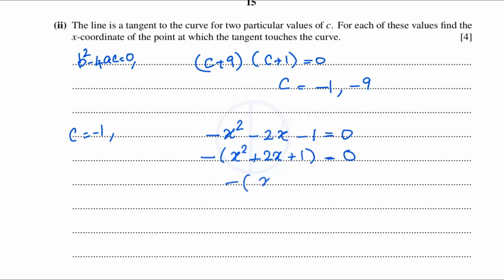This is nothing but x plus 1 the whole square. x plus 1 the whole square is 0, and x plus 1 is 0. So x will be -1. So this is the x coordinate of the point at which the tangent touches the curve.